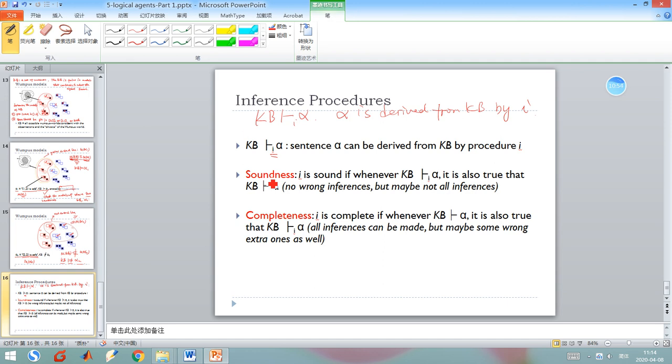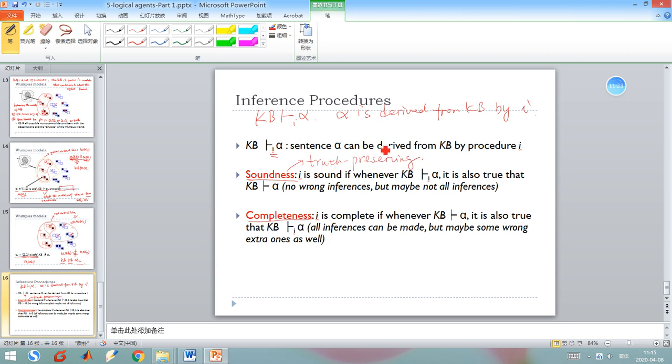The following two concepts are soundness and completeness. So what does soundness mean? An inference algorithm that derives only entailed sentences is called sound or truth-preserving.